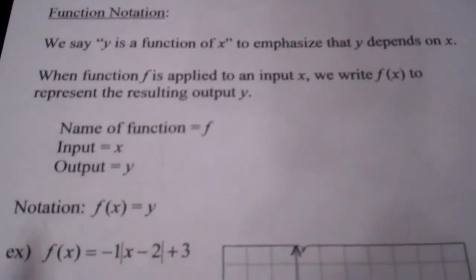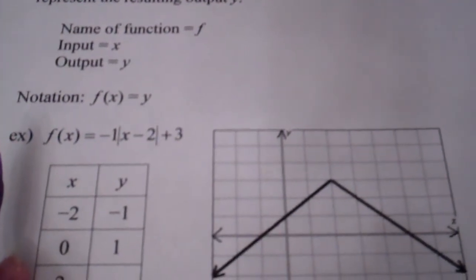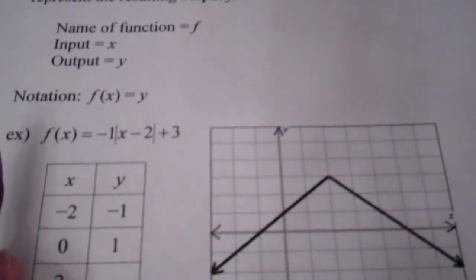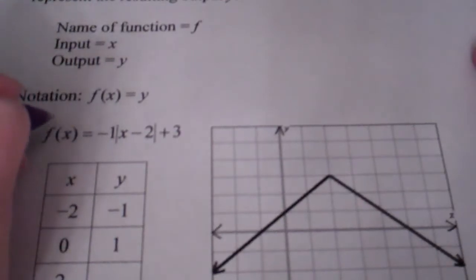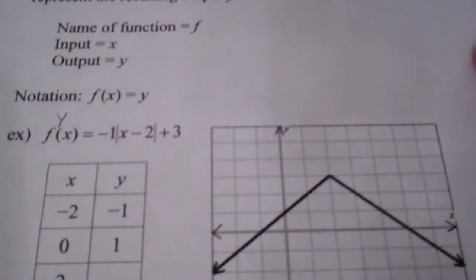Okay, so here's an example of that. Here's a function. This is an absolute value function, so those bars there represent the absolute value, and here's the graph associated with that function. Notice I've used f of x here to write the function, but I can always change that to a y if I like y better.